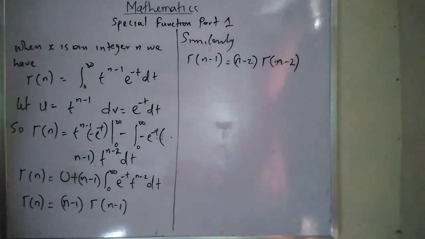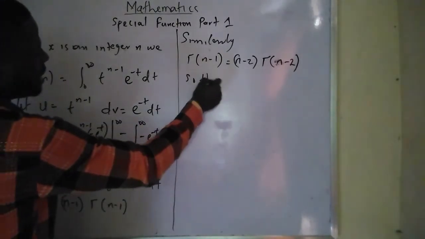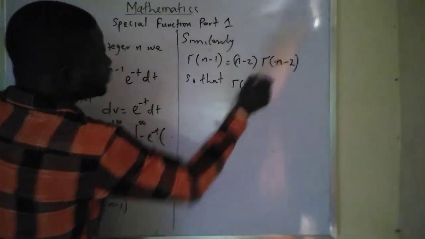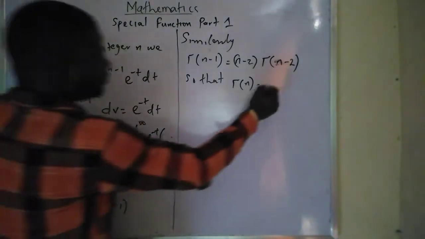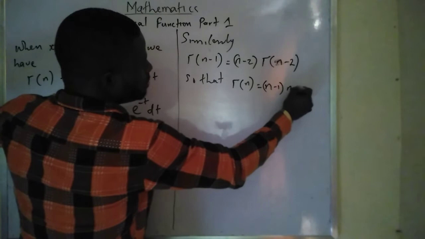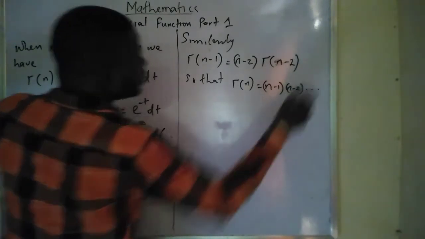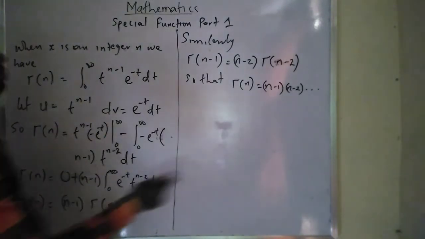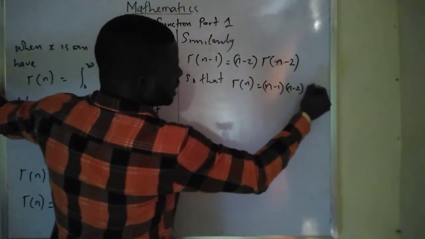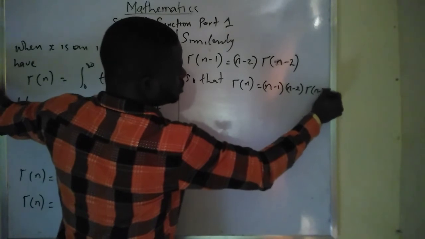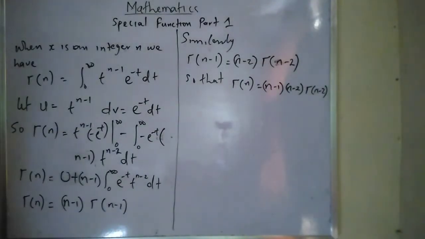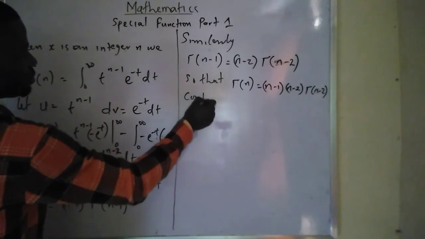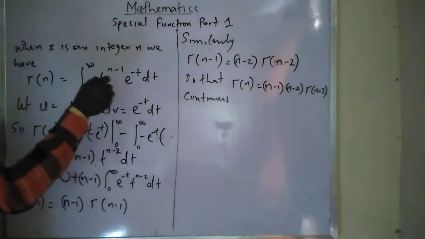So that gamma of n will be equal to n minus 1, n minus 2, running down to gamma of n minus 2, and we can now continue like that.